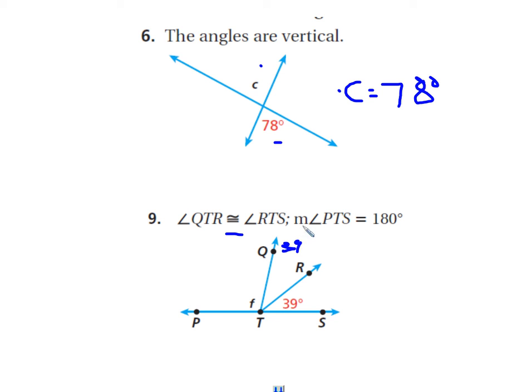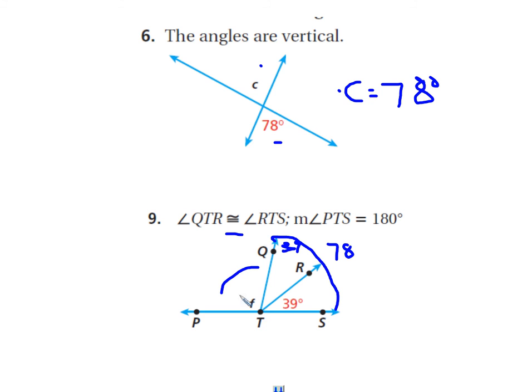And angle PTS is 180 degrees. So 39 plus 39 is 78. So the measure from here to here is 78.